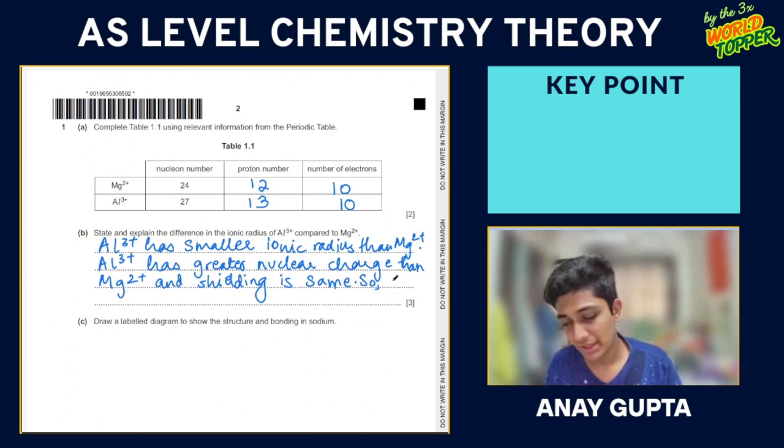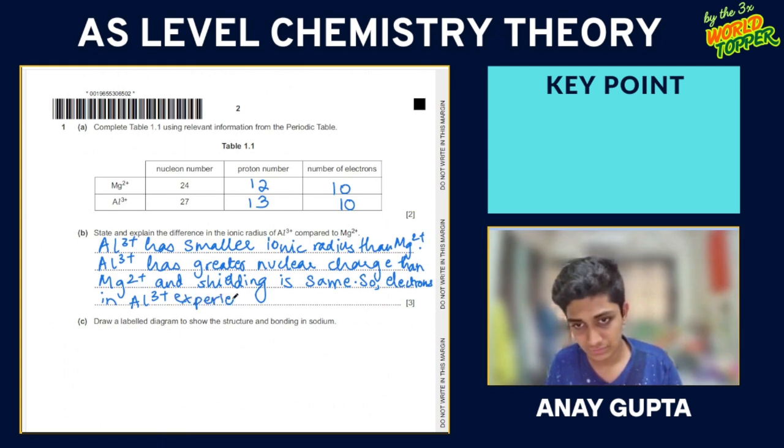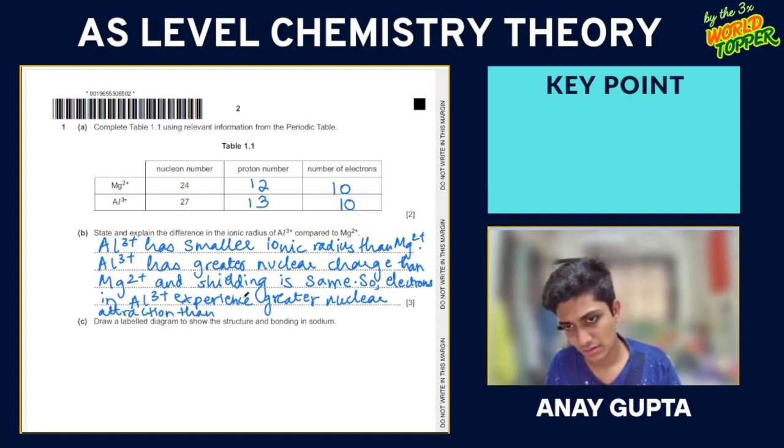So electrons in Al3+ experience greater nuclear attraction than in Mg2+, right?